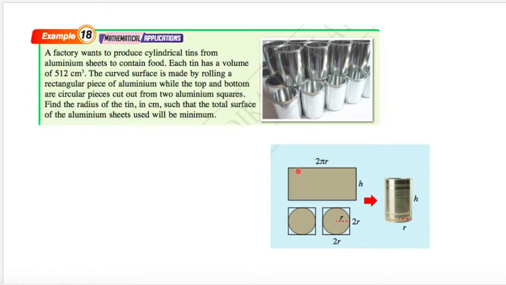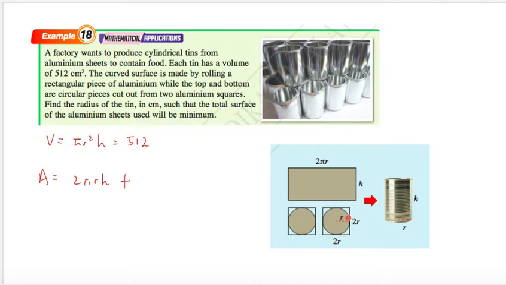The formula we need now. Volume for a cylinder is what? Pi r square h, the volume. The cylinder is pi r square because of the base, the area of the base, and then times the height. So pi r square h equals 512. Area is this one: 2 pi r times h, plus another two.